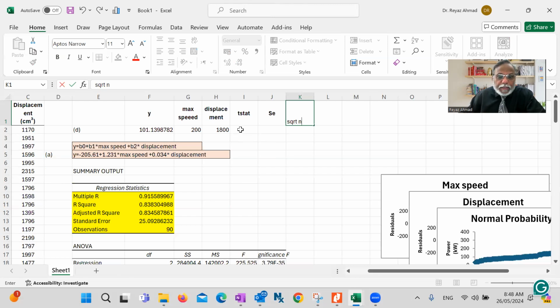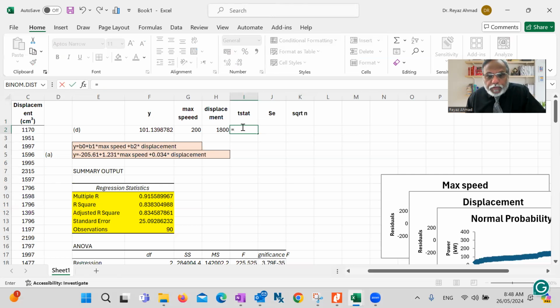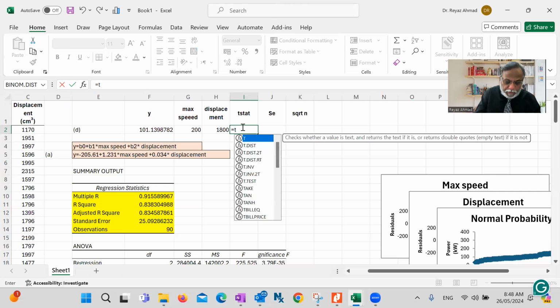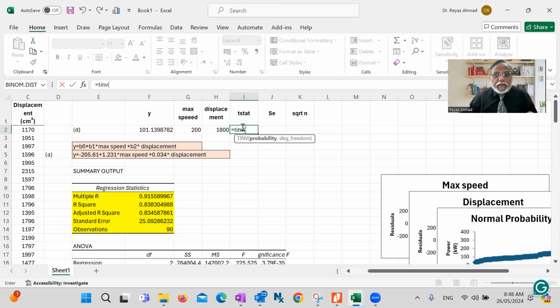So for finding the T stat, notice this one, this is important. I'm using an Excel sheet command. I will put equal to T inverse, and then I will open the bracket.